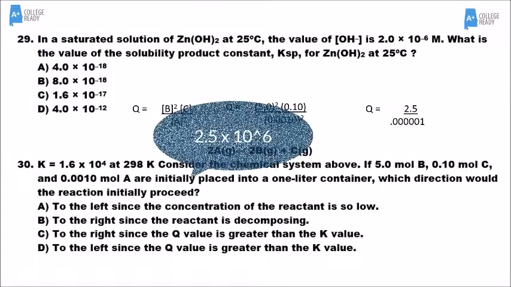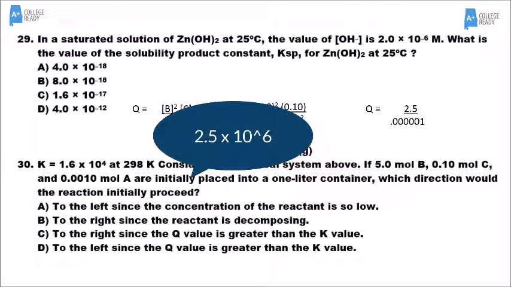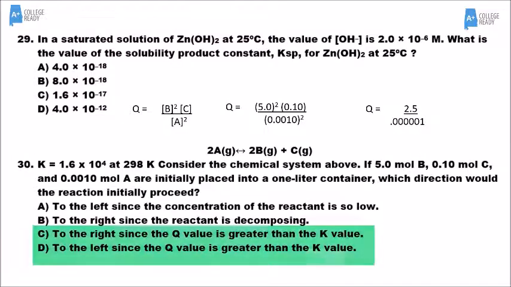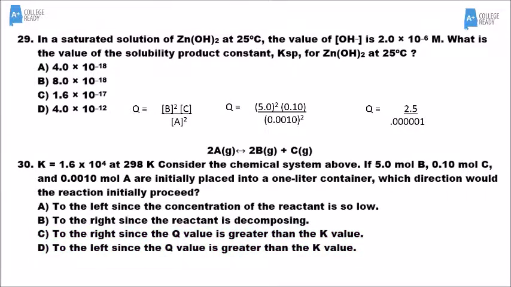When you do this math, you're going to get 2.5 million. Even though K is fairly large at 1.6 times 10 to the 4th, the Q value is larger. And since Q is greater than K, the answer choice has to be either C or D. When Q is greater than K, that means there's way too many products and it will shift to the left.